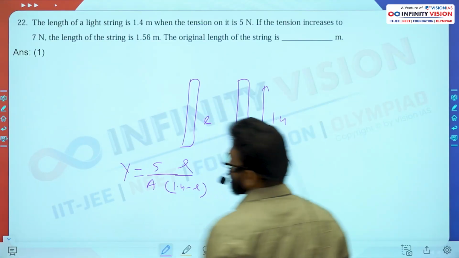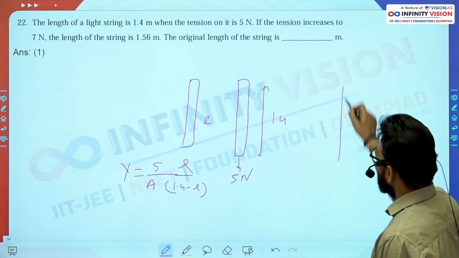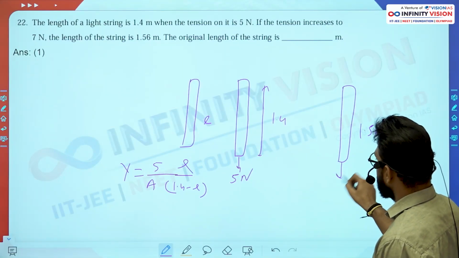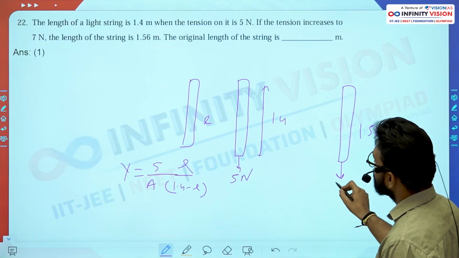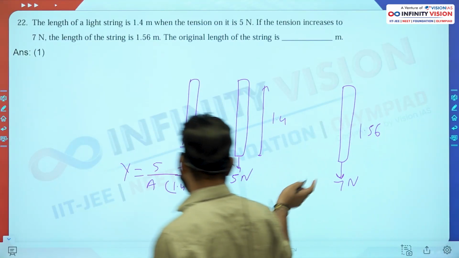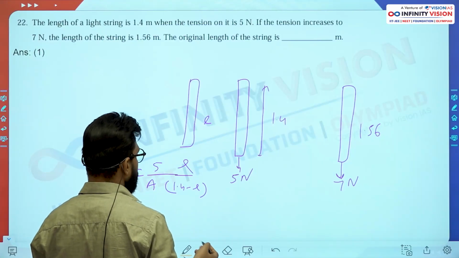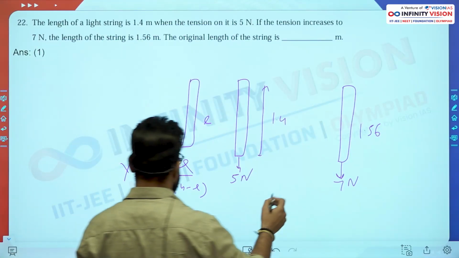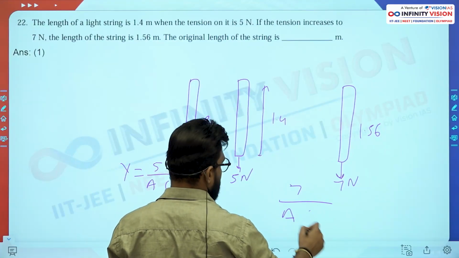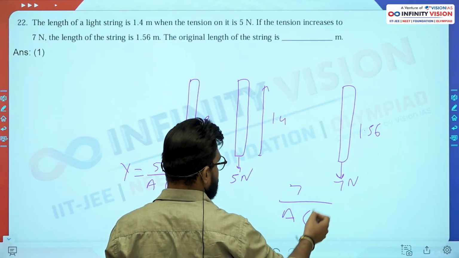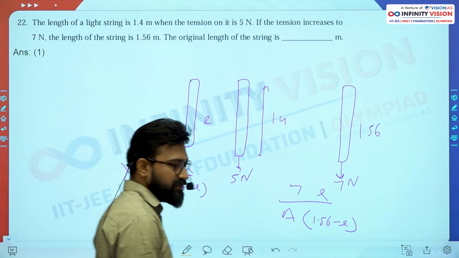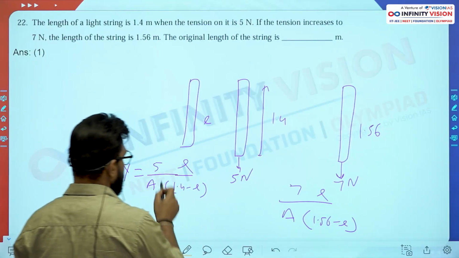In the second condition, the length comes out to be 1.56 meter when the tension in the string is 7 Newton. Again, the Young's modulus would be the same, and the area would also be the same. So it would be equal to force per unit area, 7 by A, and the change in length would be 1.56 minus L, divided by the original length L. So we equate them.